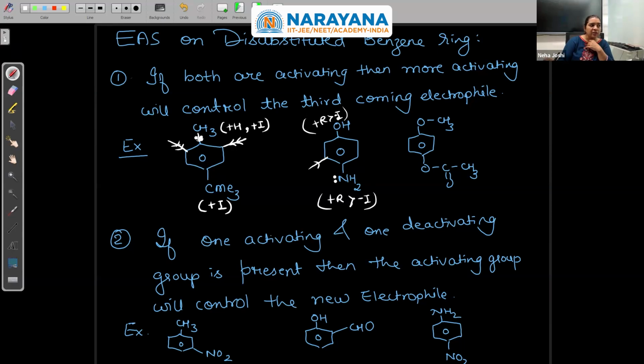So the effective attack will be at this position, not ortho to OH. OCH3 and OCOR. Now here, the lone pair is entirely for the ring. There is no competition for this resonance. Whereas here I have a cross conjugation. It can donate here or it can donate here. So this is more activating. So I will have attack here.